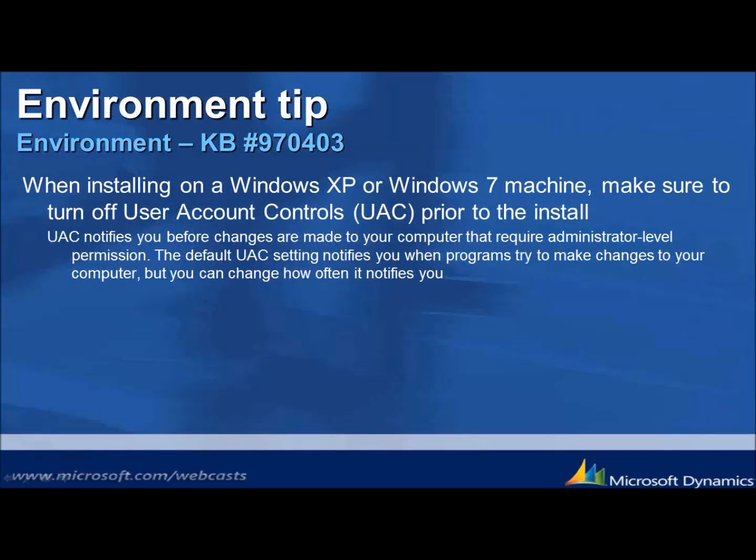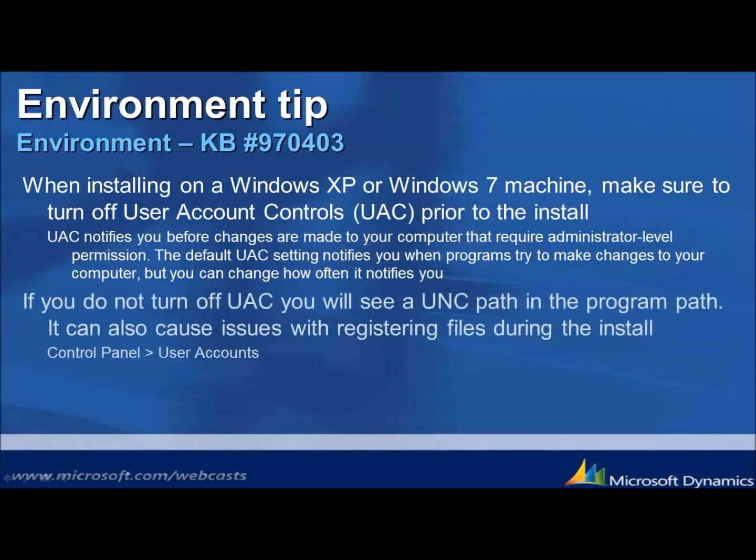You're going to get errors. The UNC path will show in the program path, so that's a big red flag. That's not good. So you can turn that off, install it, and then turn it back on if you'd like to keep it turned on.